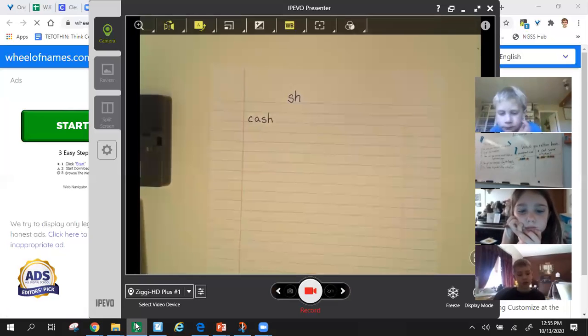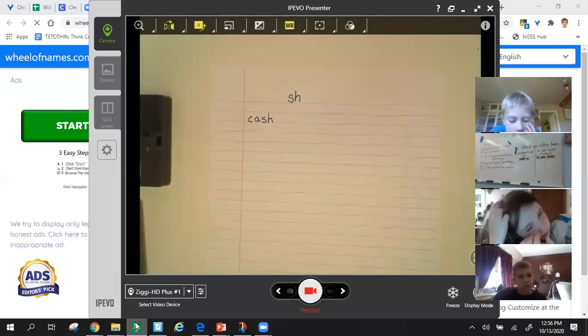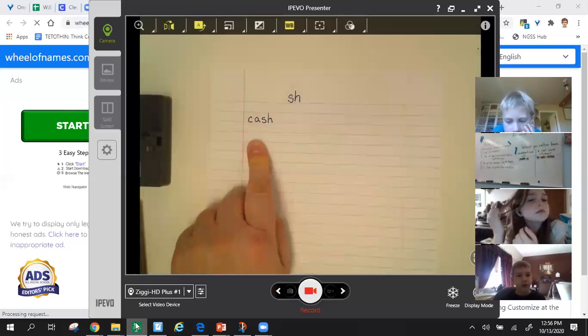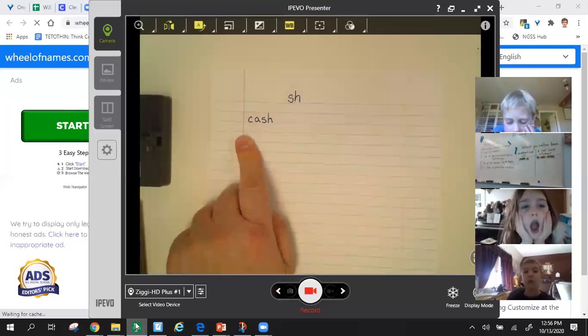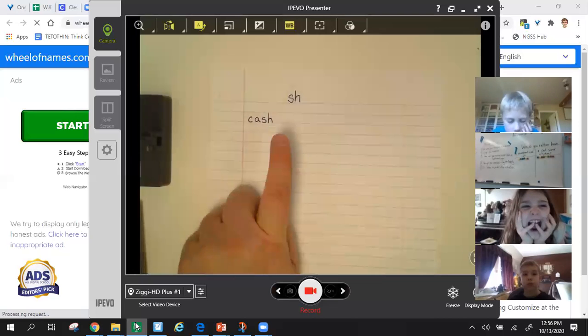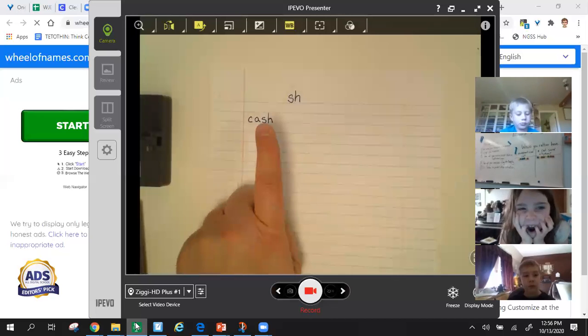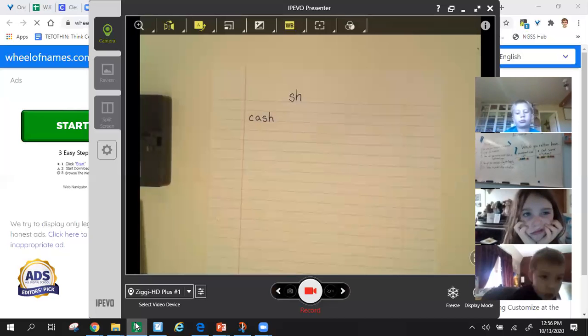We drew a cat for the C and a kite for the K. Anything with an A, an O, or a U starts with a C, and if there's an I or an E, it's a K. So there's cash.